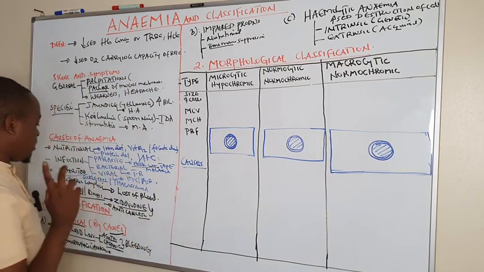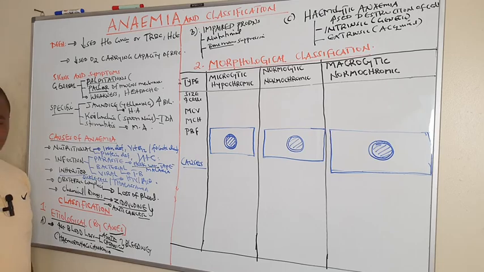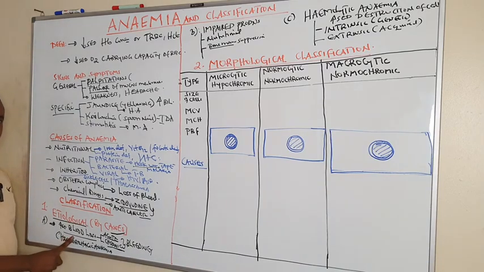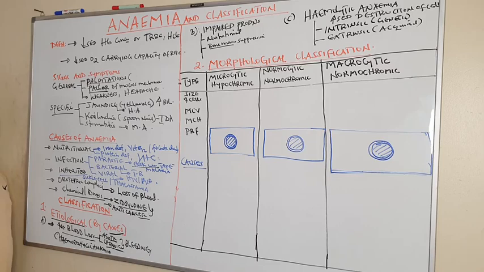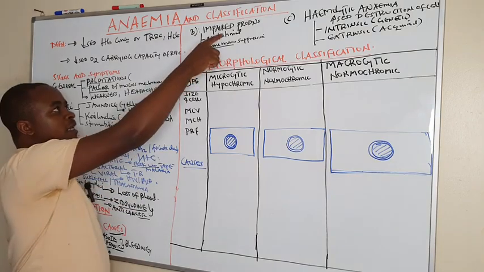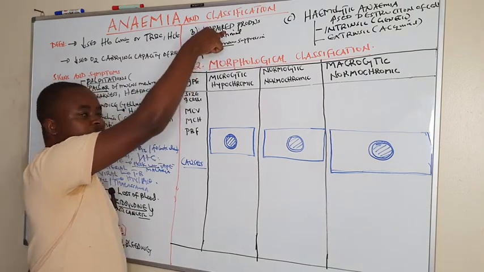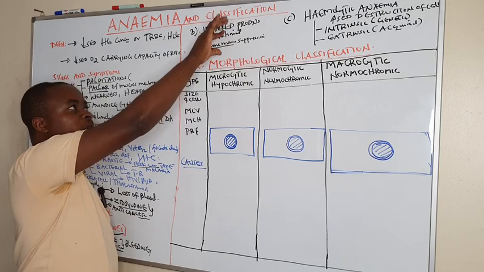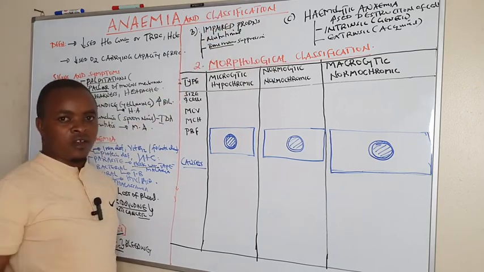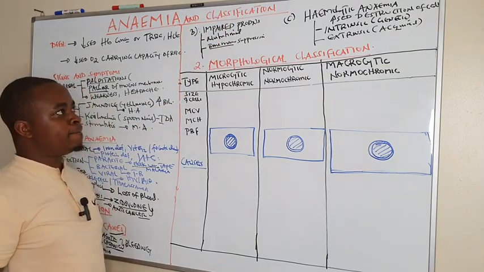So this is under etiology. Under etiology classification, it is either increased blood loss, where we are losing more blood than the bone marrow can replace, or there is impairment in the production of cells due to nutritional deficiency, bone marrow failure, or other causes like chronic diseases.